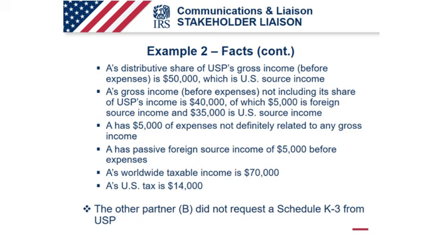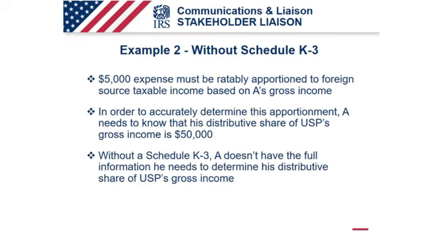And as I said before, Partner B is not requesting a K-3 from the U.S. partner because they're not claiming the credit. All right, so now we'll go on and show how these numbers are needed. This information from the partnership is needed.